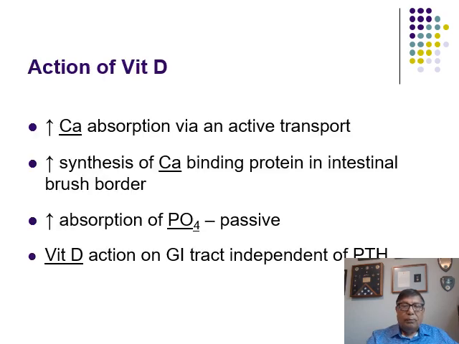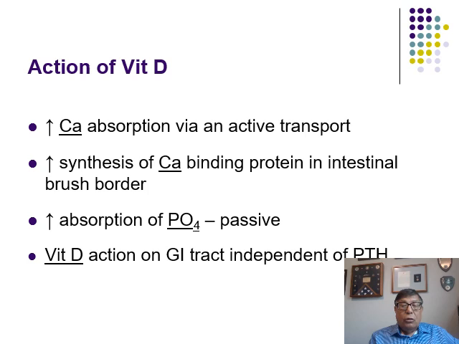Now let's go to the action of vitamin D. It increases the absorption of calcium via active transport. It also increases the binding protein which absorbs the calcium from the brush border of the intestine.